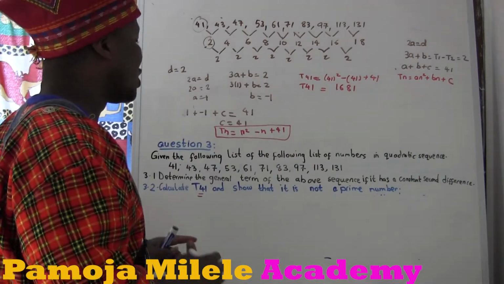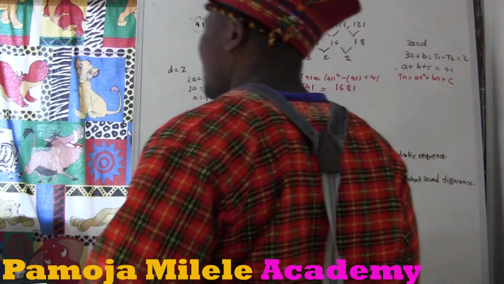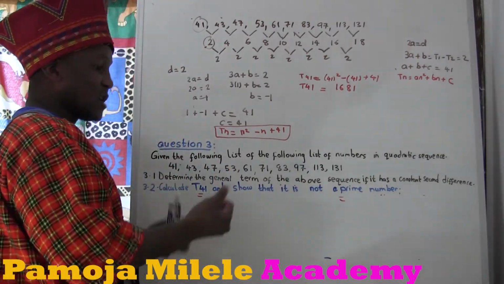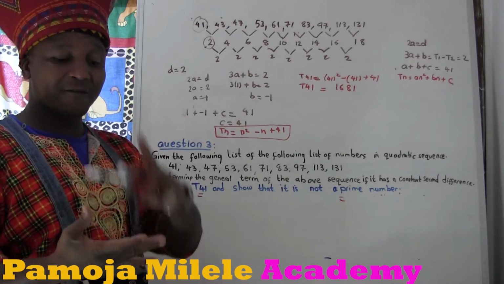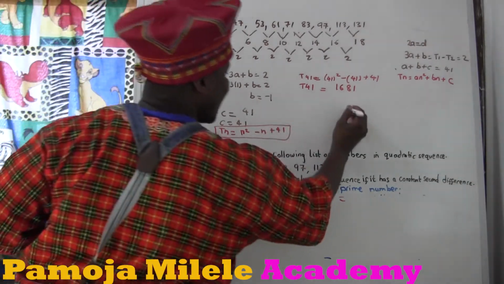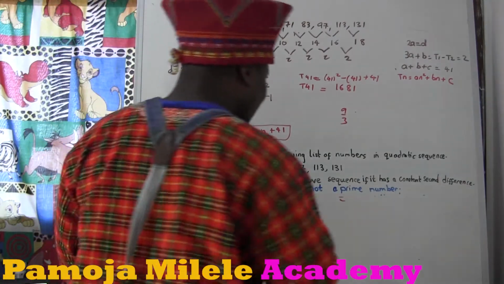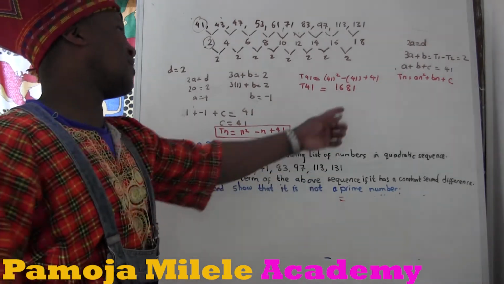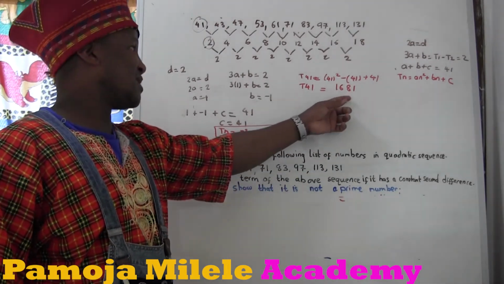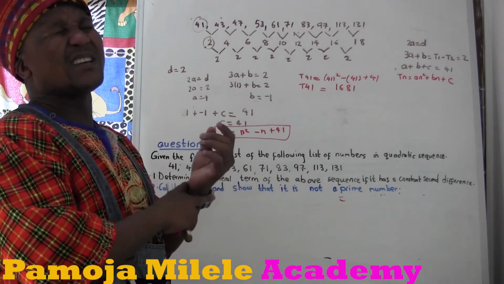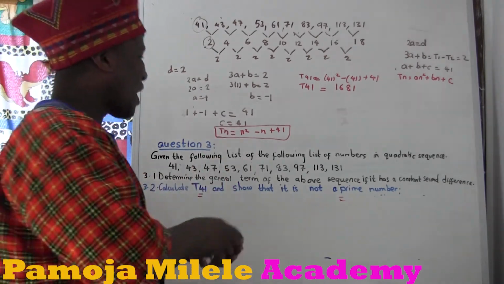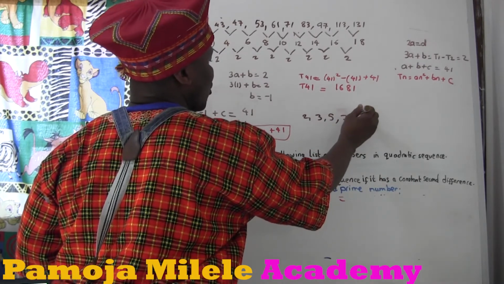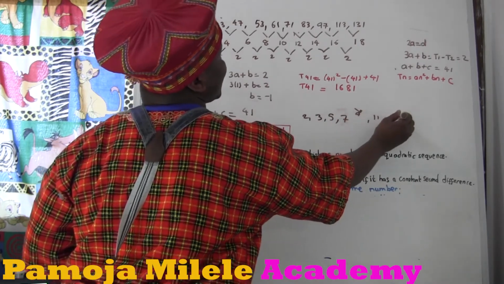Now they still say show that it is not a prime number. What is a prime number? A prime number is a number which is only divisible by itself and 1. For example, 2, 3, 5, 7. 9? No, because 9 can be divisible by 3. Then 11, 13, and 17.